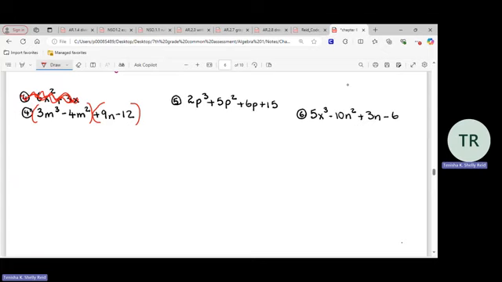Between 3m cubed minus 4m squared, they don't match. Or between 3 and 4, I should say. That won't work. So I could only pull out an m squared. That means I'm left with 3m minus 4.